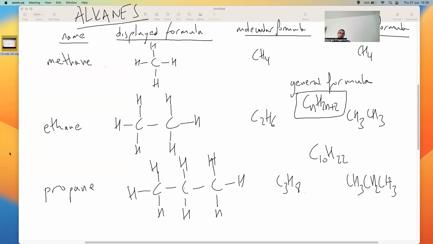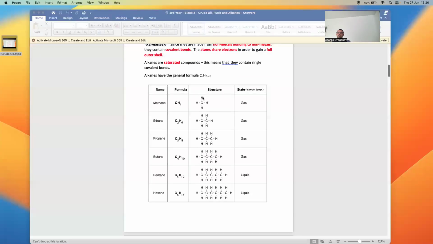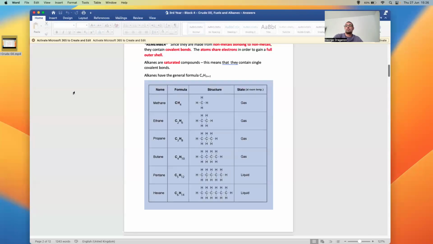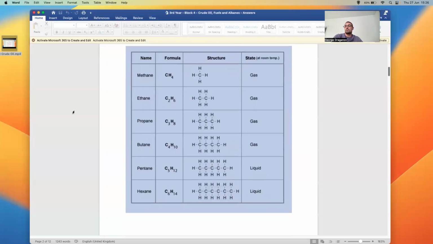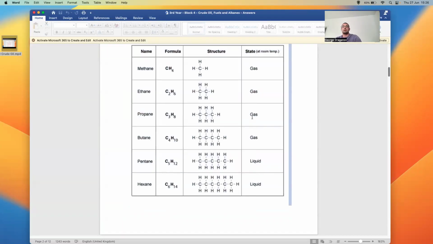Okay. I'm now going to show you all of them, because you have them in the notes. So here you go. Now remember, you only need to know up to the first 5. First 5, yeah, you don't need the 6th one. So methane, ethane, propane, butane, pentane.